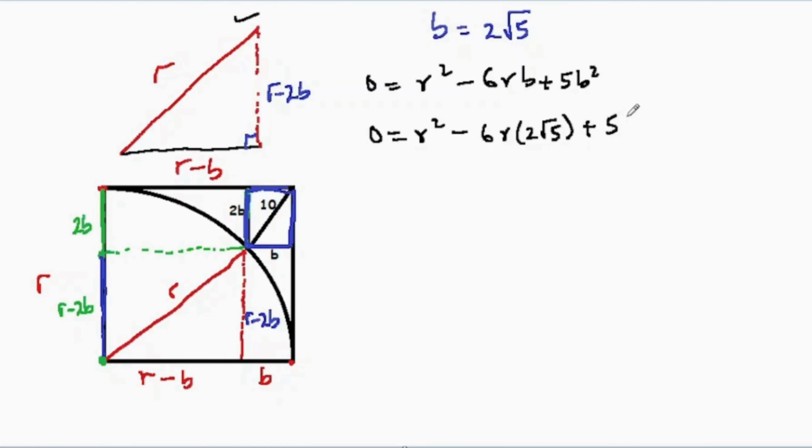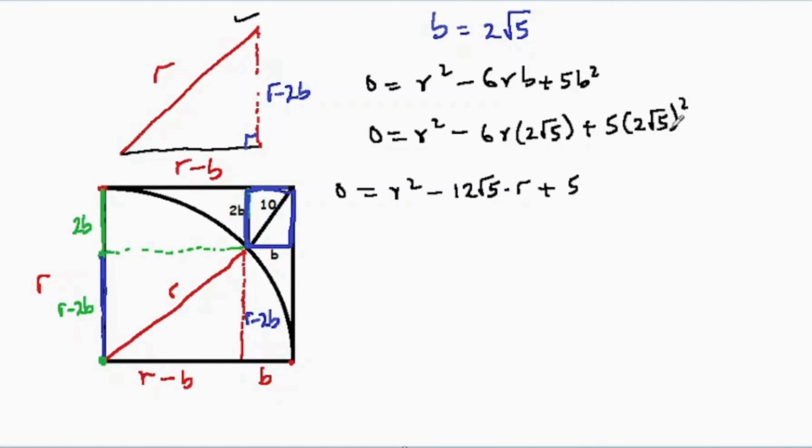B is also 2 root 5, but we are squaring it now, 2 root 5, everything squared. Alright, so we've got 0 equals r squared negative 6 times 2 root 5, that's going to give us 12 root 5 multiplied by r, plus 5.